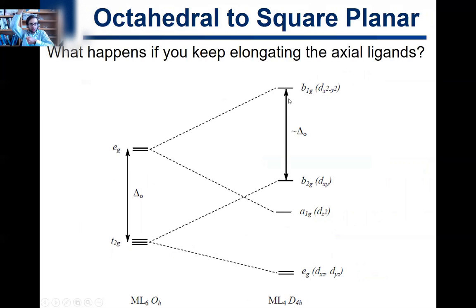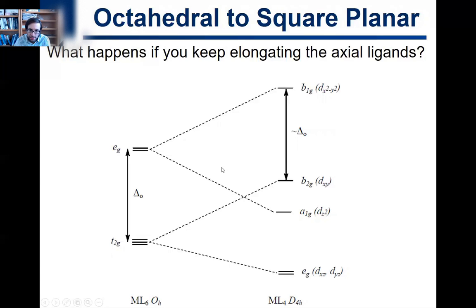If you elongate those octahedral axial ligands so much so that they're completely gone, you're just left with a 4-coordinate square planar system. And so this is actually a way to derive from octahedral the ML4 D4h symmetry for square planar. So that's pretty interesting that that all works out there.